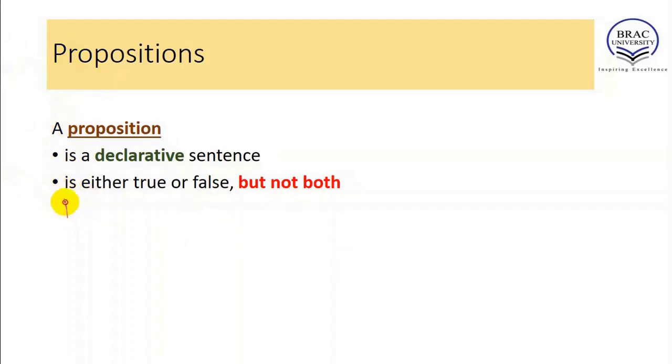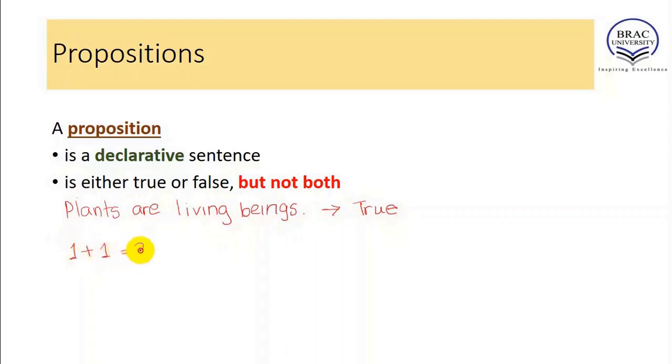Let's say, plants are living beings. So we know that this is a true statement. So this is true. Okay. Now we can write 1 plus 1 equals to 3.